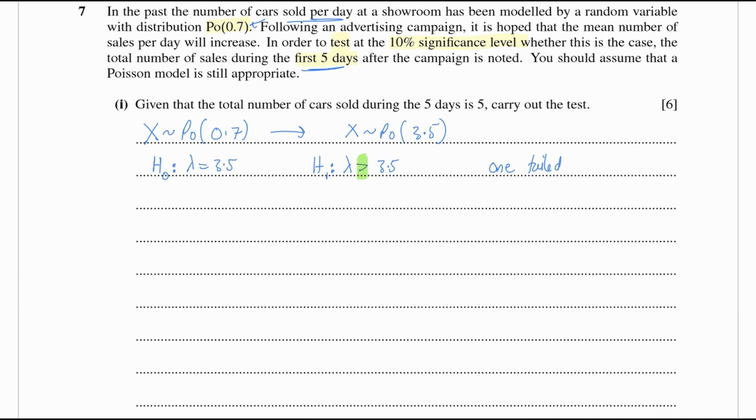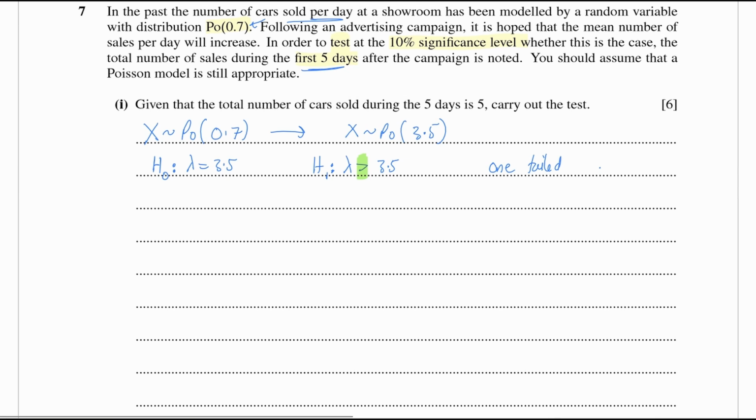So the top 10% will be rejected and we'll say that it doesn't belong to this distribution of Poisson 3.5.